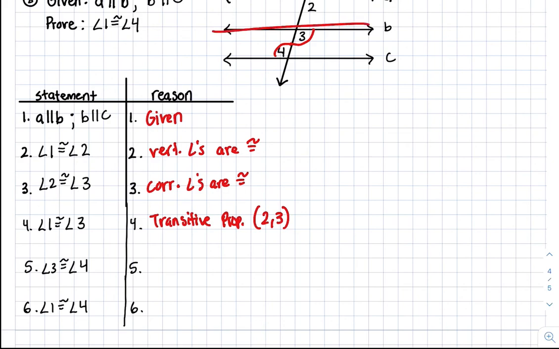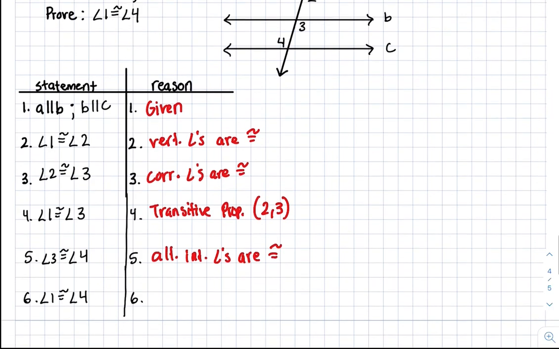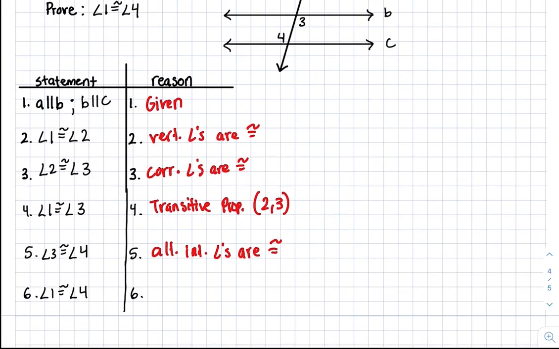Well, two parallel lines cut by transversal. So those are alternate interior angles. And you know alternate interior angles are congruent. And lastly, 1 is congruent to 3, 3 is congruent to 4, so that means we got transitive property using lines 4 and 5.